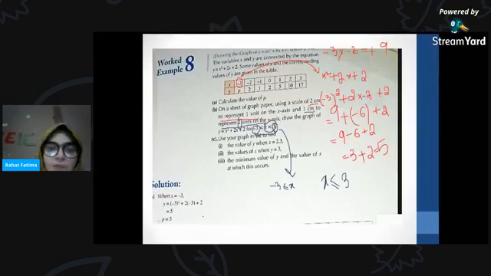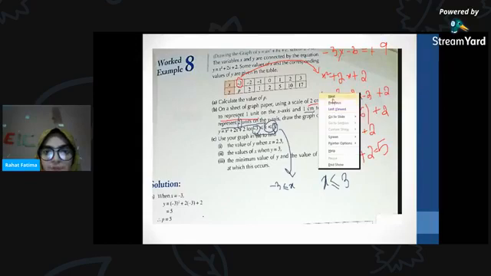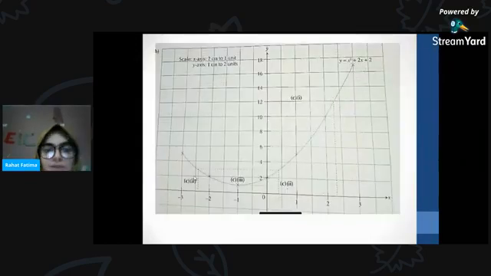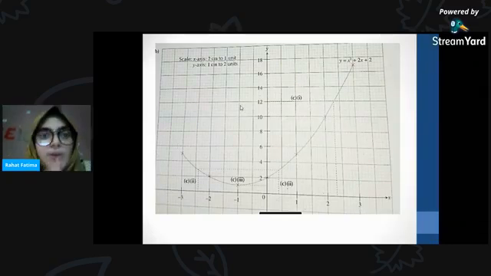So after plotting the graph, if I can show you the next page, our graph will look something like this. This is the shape of the graph. So important points to note down over here is whenever you are plotting a graph, you have to make sure that you're going to use a sharp pencil.